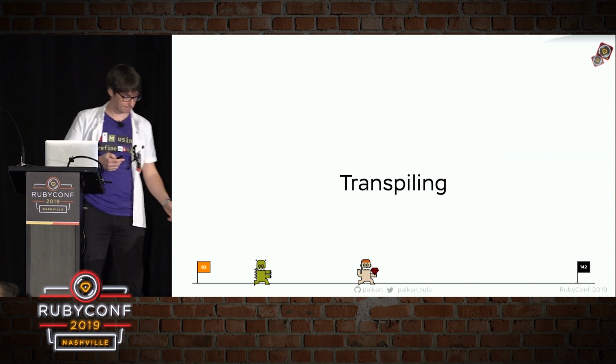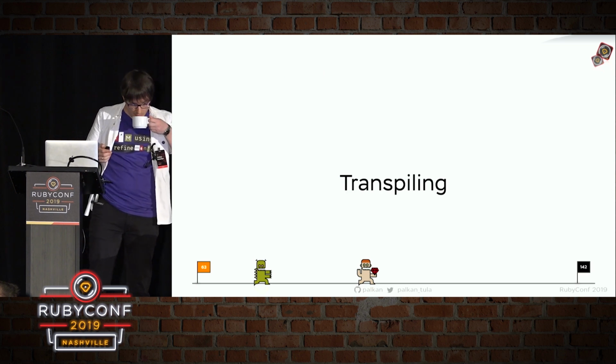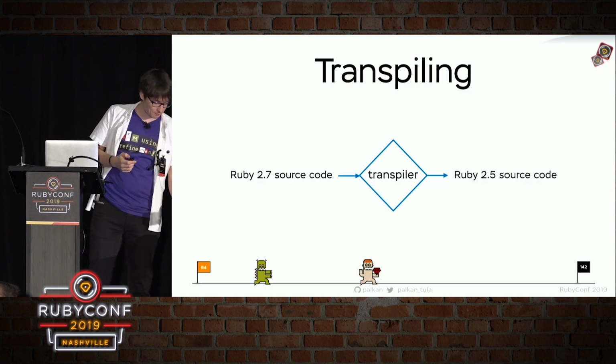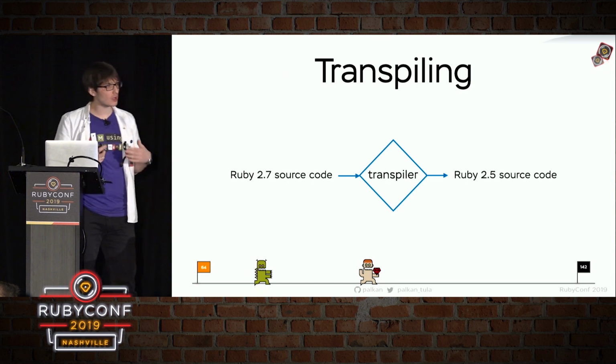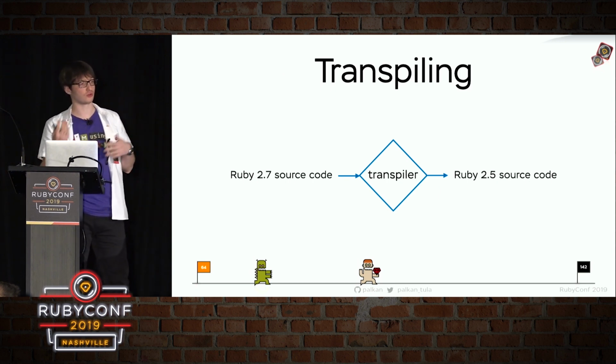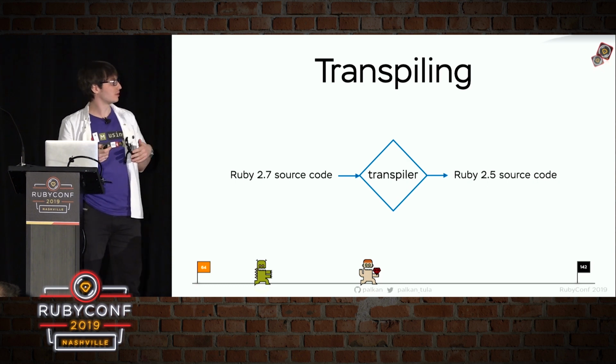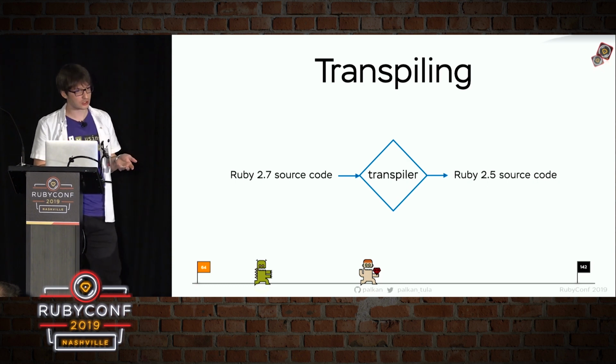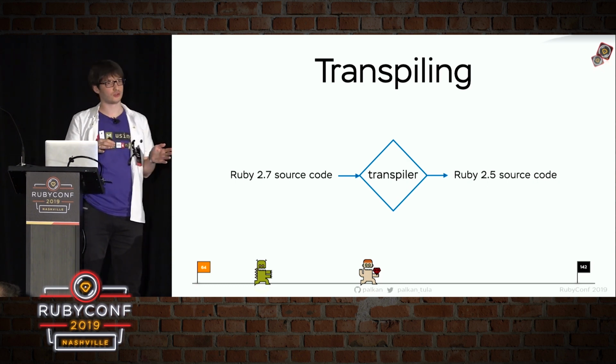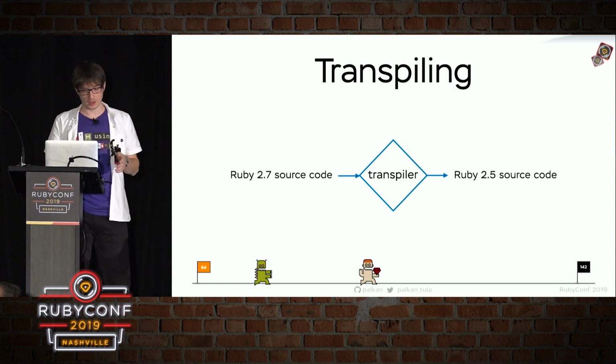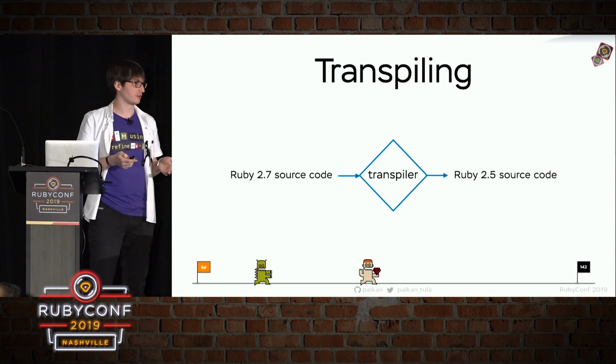So, transpiling. Transpiling is compiling source code into source code. As input, we have Ruby 2.7 source code. As output, we have Ruby 2.5 source code, which does the same. That's not a new idea, of course.